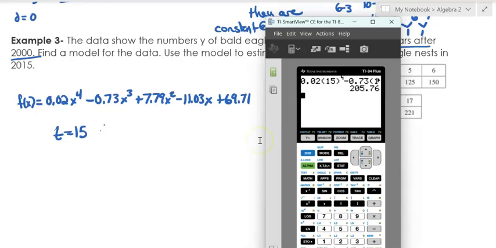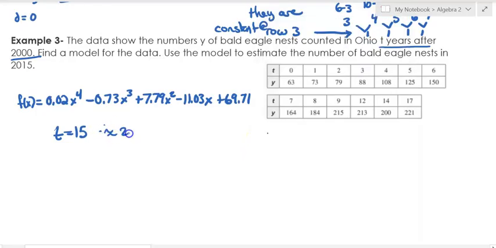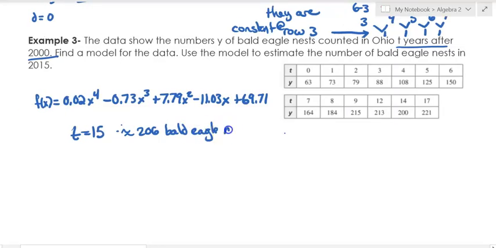And so roughly 206 bald eagles or bald eagle nests in 2015. But hopefully your homework will tell you what to round to.